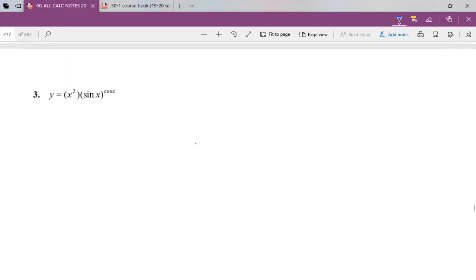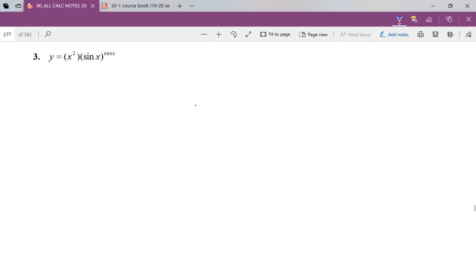Number 3. Normally this wouldn't be that bad with product rule, except for the fact that our exponent on sine x is cos x, and so we would have to chain rule that. So let's try this by logarithmic differentiation. So we are going to first take ln y equal to ln of x squared times sine x to the cos x.